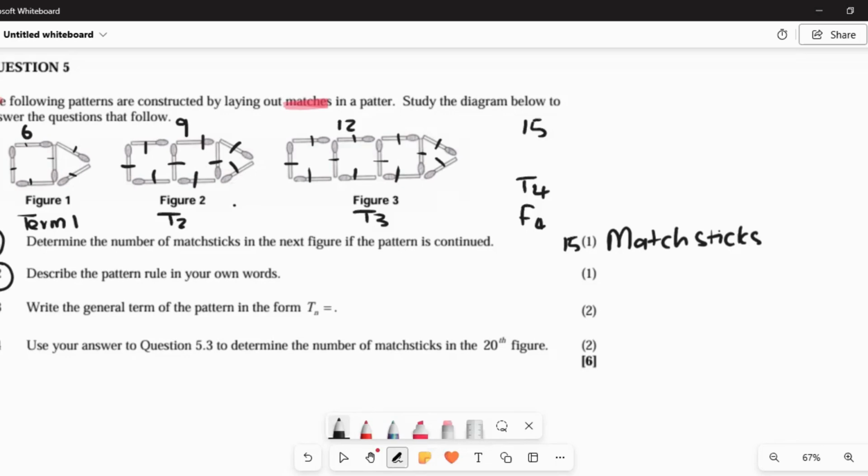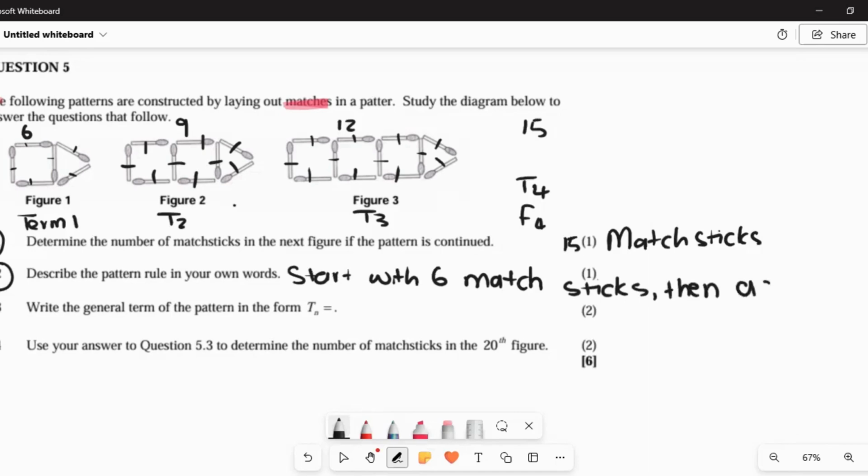So in your own words, for the first term, what did you do? You start with 6 match sticks. That's what we did, right? We started with 6 match sticks. Then we added how many?